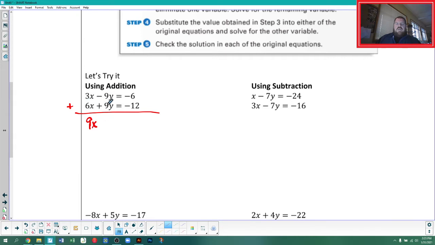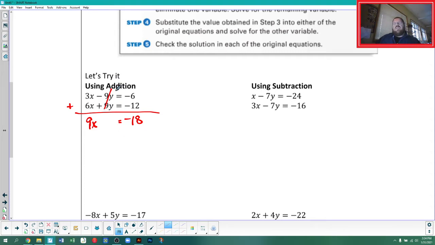Negative y plus positive y is 0y, and negative 6 and negative 12 is negative 18. The trick here is that 0y doesn't matter. 0 times anything is 0, so we can just eliminate that y term. In practice, I would probably say that those cancel.